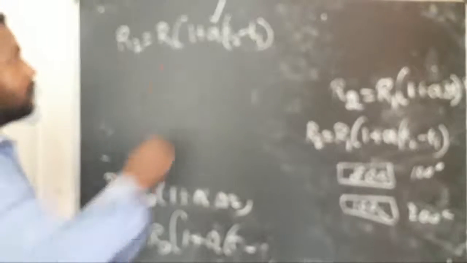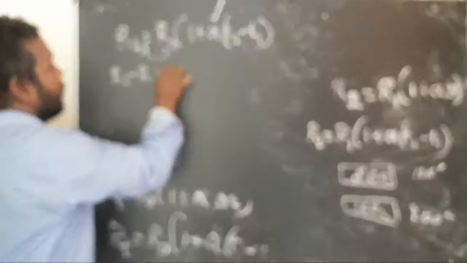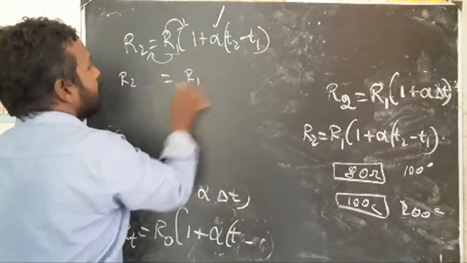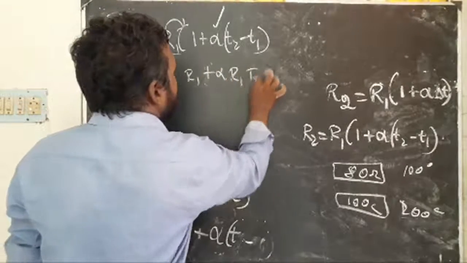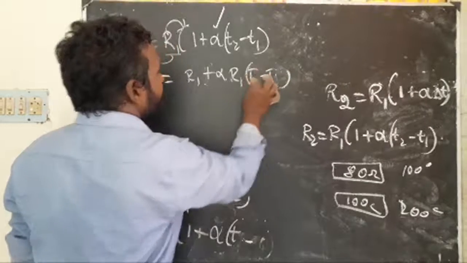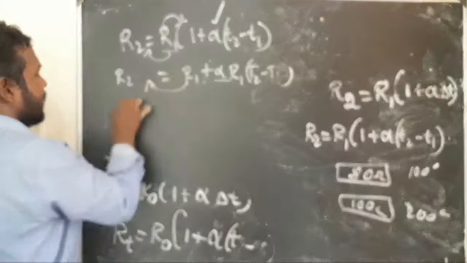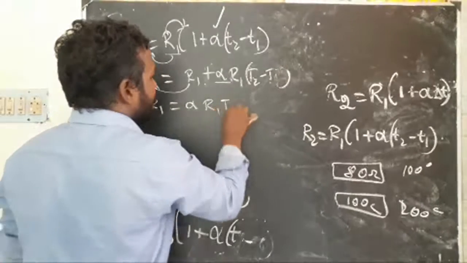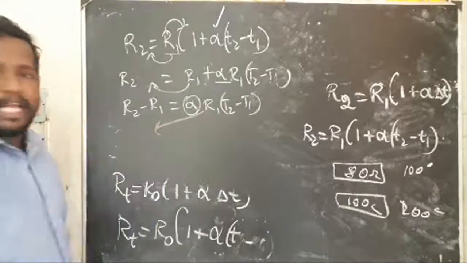Taking this R1 to this side, R2 minus R1 is equal to R1 plus alpha R1 (T2 minus T1), so R2 minus R1 is equal to alpha R1 (T2 minus T1). If you want alpha, you can bring this as a denominator.